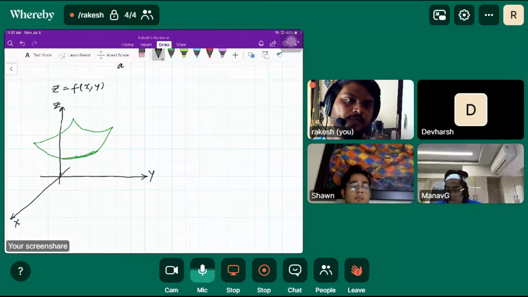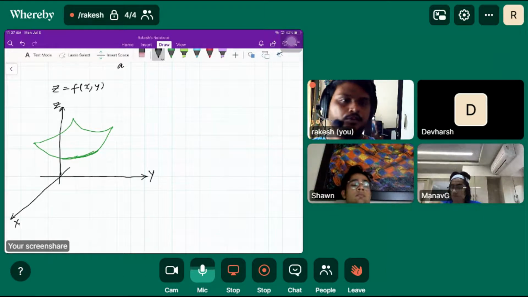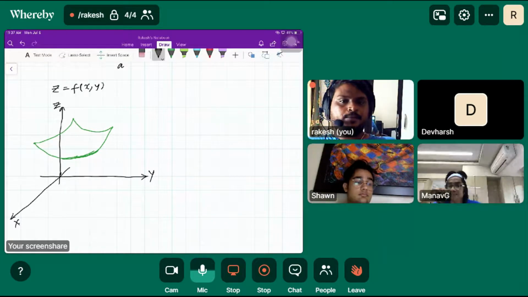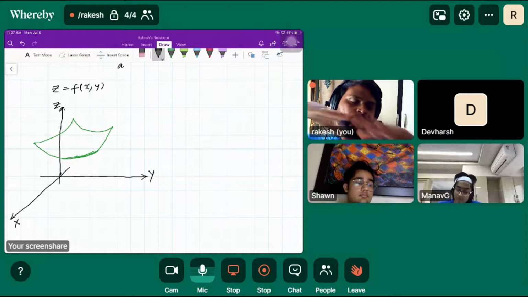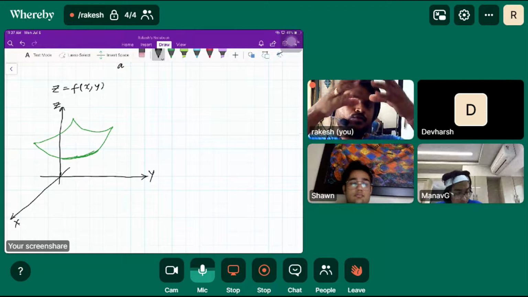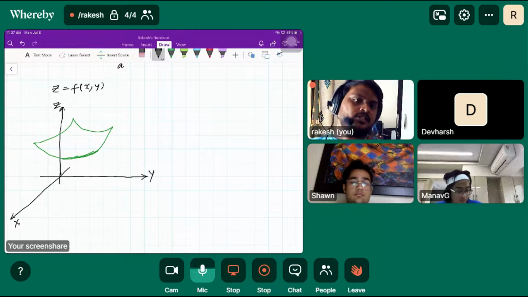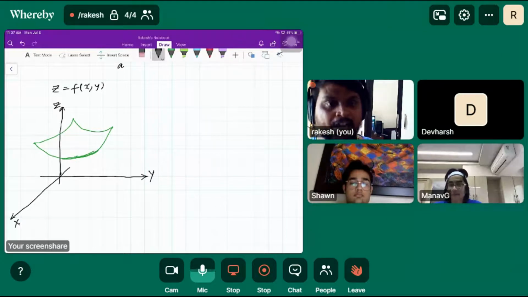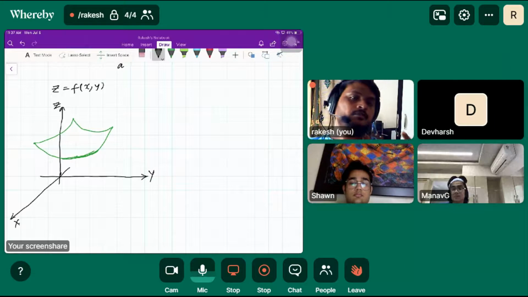So if you are going to find the Riemann approximation concept in this calc 3, the multivariate function is basically a surface. The region under this surface is basically the volume, isn't it? But how do we approximate the volume? That is the question.